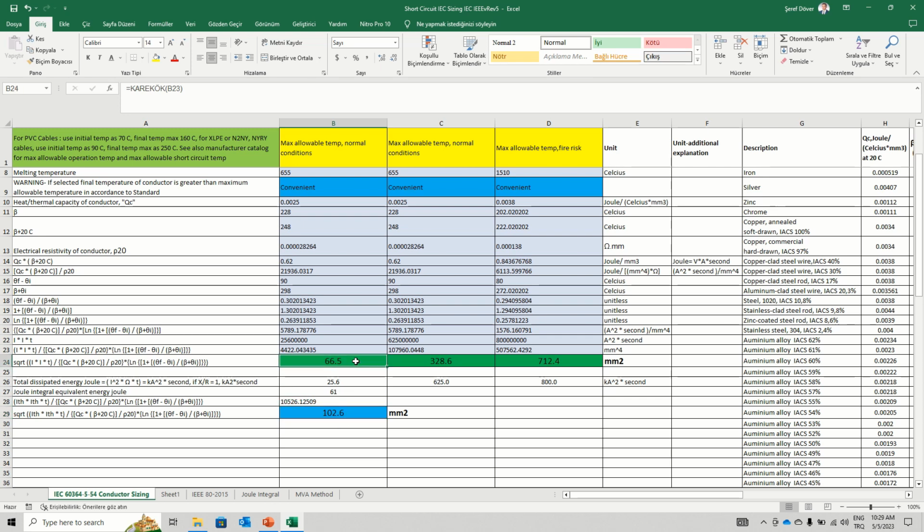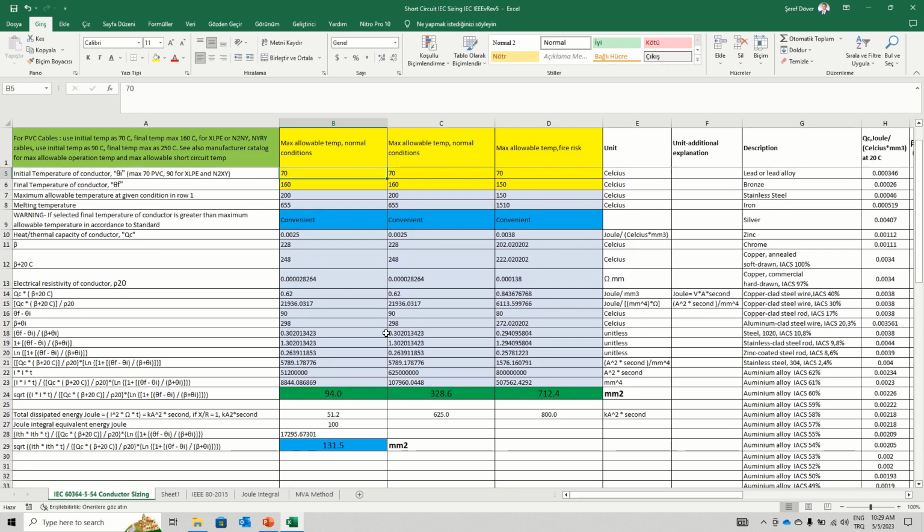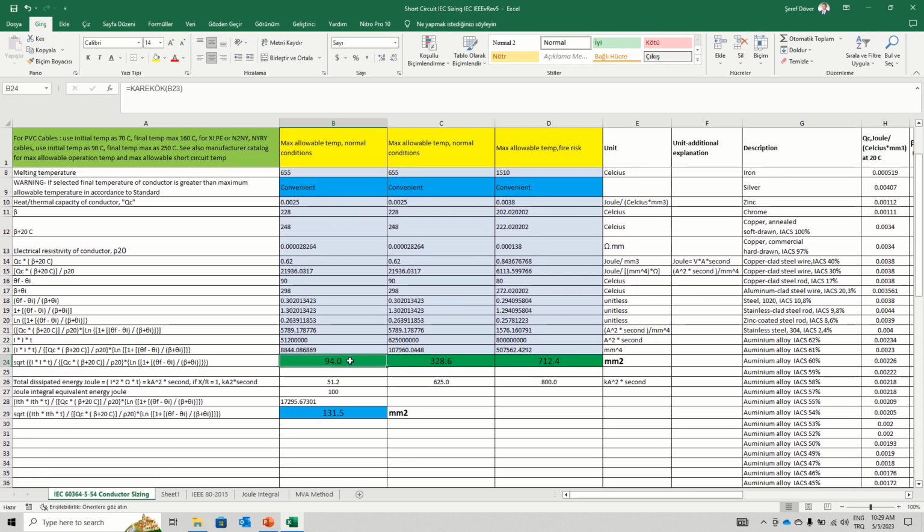From here, you can change the duration to 0.2. Even this is also a subtransient and transient case. So, if I am trying to size a medium voltage power cable, instead of selecting 94, I need to select 131, because there is the X over R ratio effect.